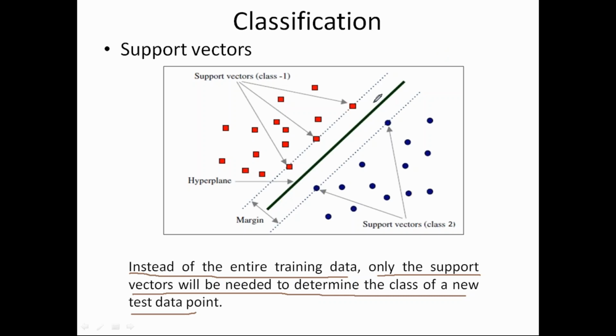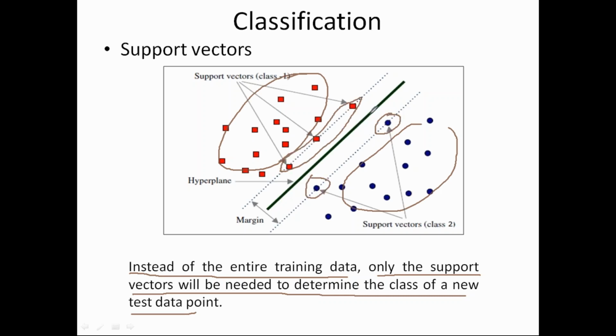It's really fast while testing because you do not need to consider all this data. You just need the boundary data in order to find this plane and make the decision whether the test data is on the A side or the B side.